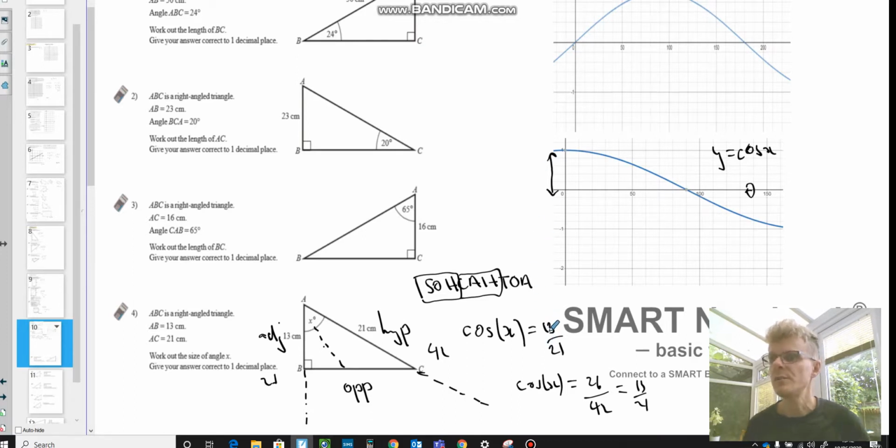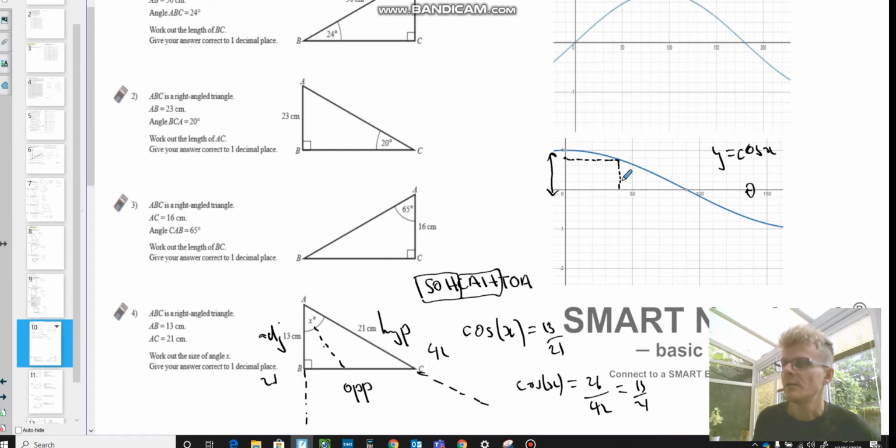When you do 13 divided by 21, that hits us back with a decimal, and essentially you look up that decimal number, let's say it was 0.9 or 0.8 just to make this nice, and then you come across here and the graph tells us that for that value, although it's not 0.9, there is a specific angle for all triangles that when you do this division you get the same decimal, because the ratios of the lengths are in the same proportion, so you get the same angle.